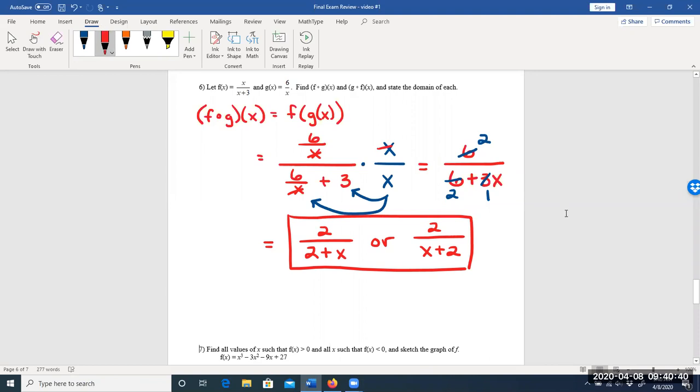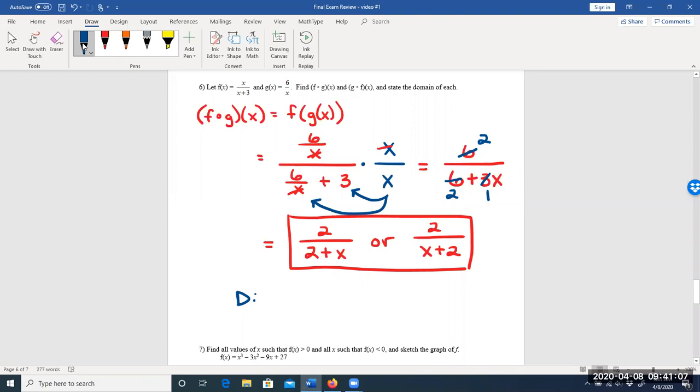For the domain, what we have to do is find the domain of the inside function and also find the domain of the newly created composite function. So the domain of the inside function is the domain of g.